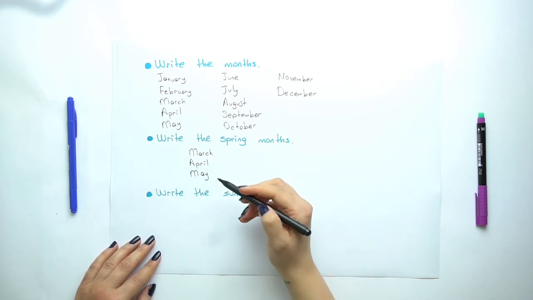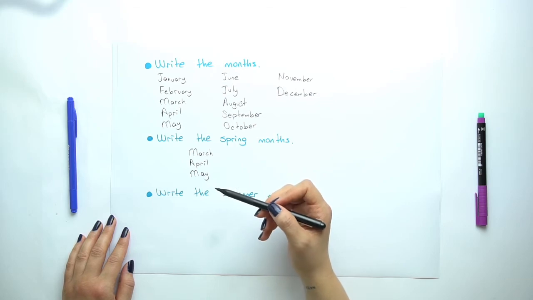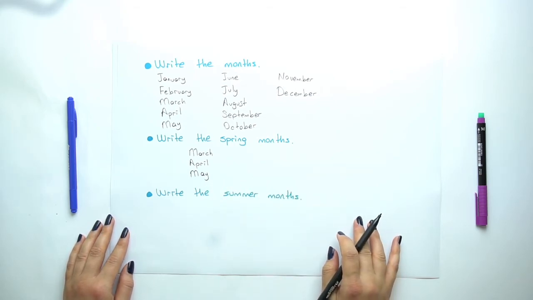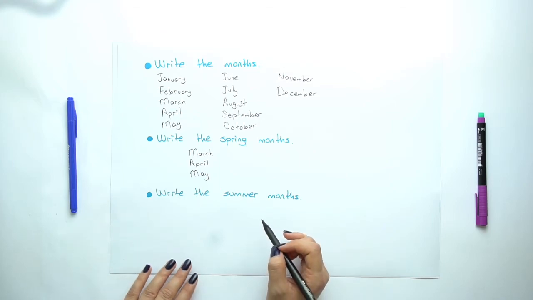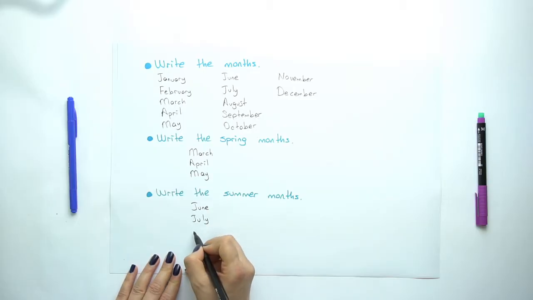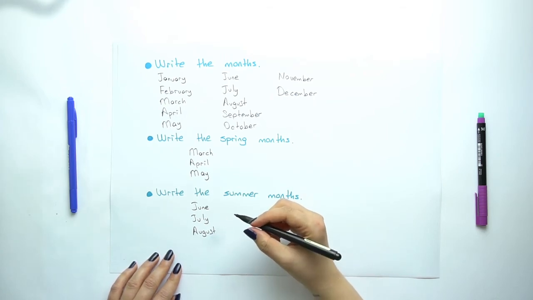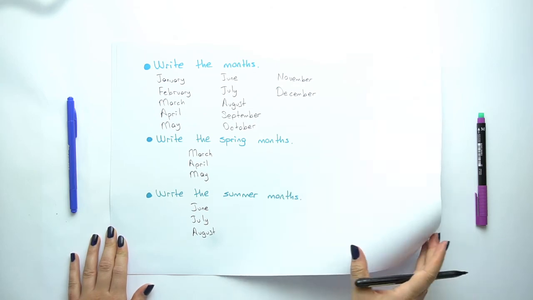Okay, these are all spring months. March, April, May. Now we will continue with summer months. What do we have? We have June, July, and August. These are all summer months. June, July, and August.